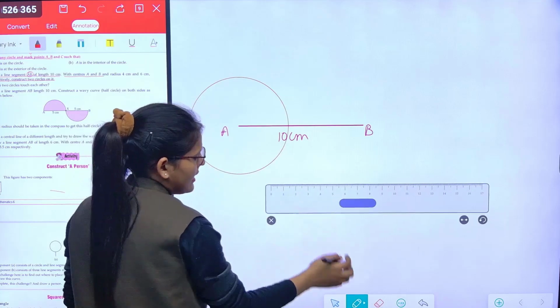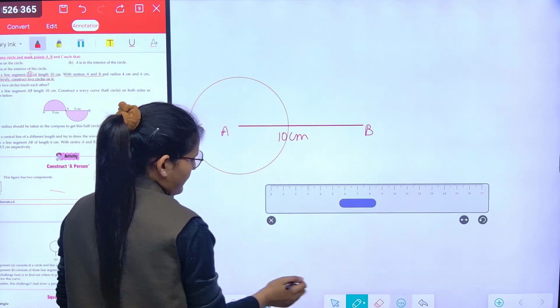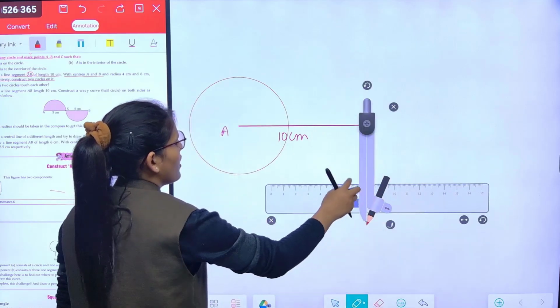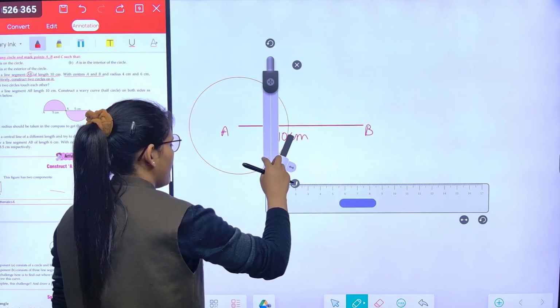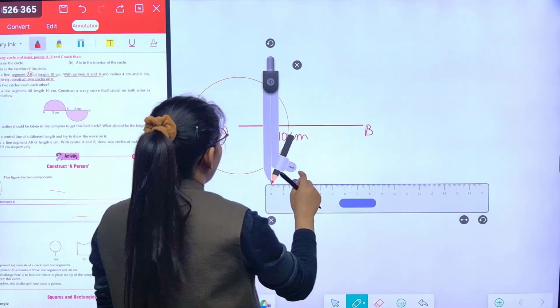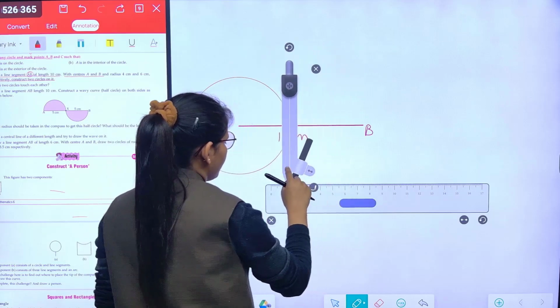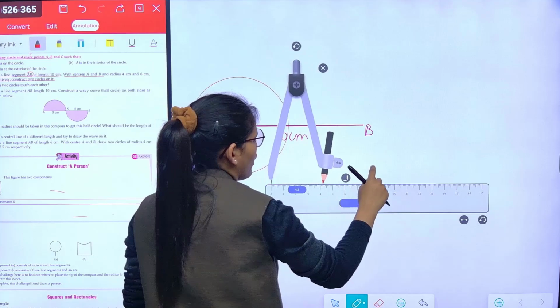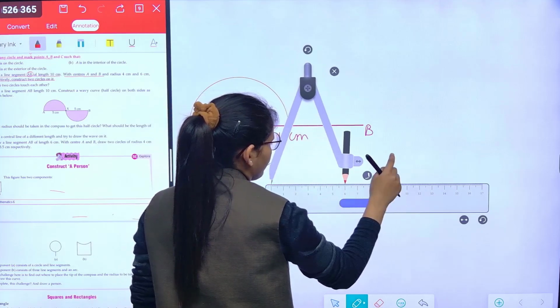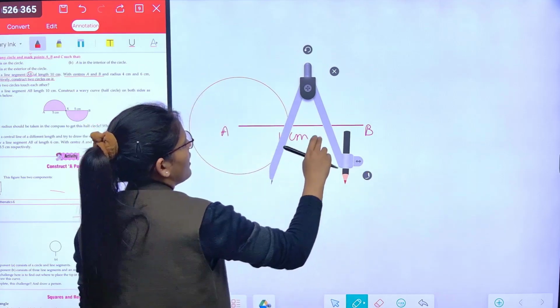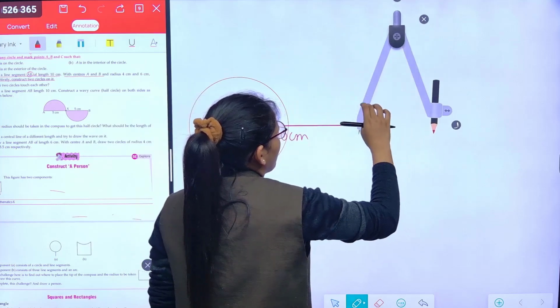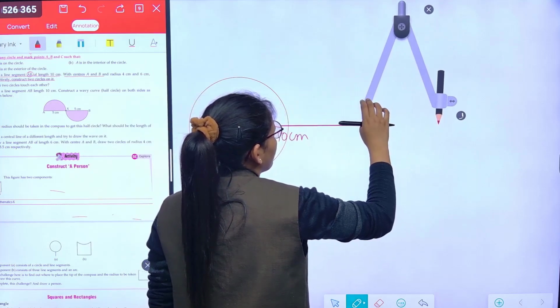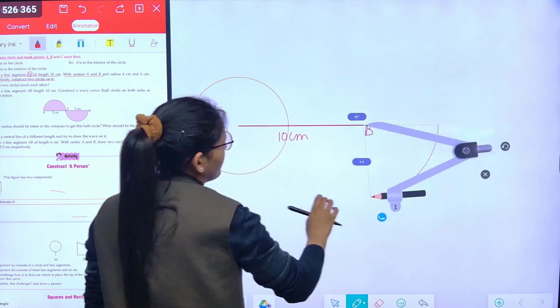Take a ruler and take a compass again. Now class, measurement of 6 centimeter. That is, put a compass here and measurement of 6 centimeter. Okay. Now point B and draw the circle.